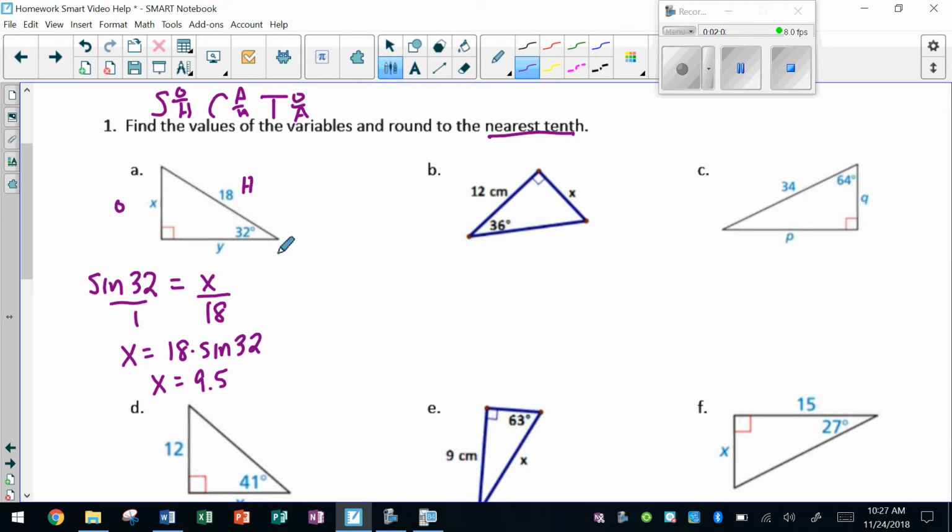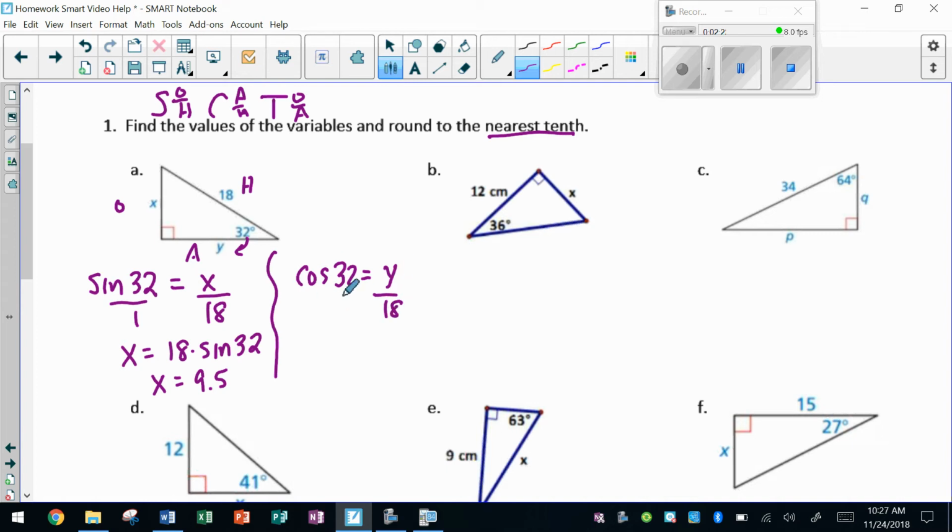So now we can take a look at y. With respect to 32 degrees, this is the adjacent side. And again, we know the hypotenuse is 18, so we'll be using the cosine ratio. So the cosine of 32 equals the adjacent side y over the hypotenuse 18, and once again we can cross multiply.